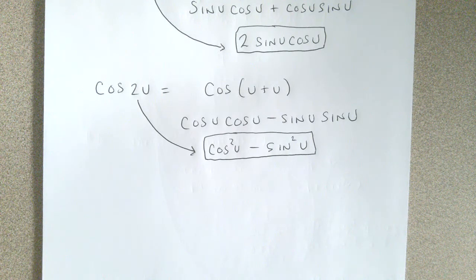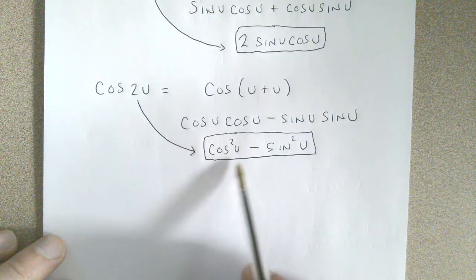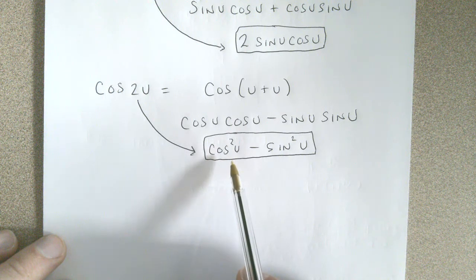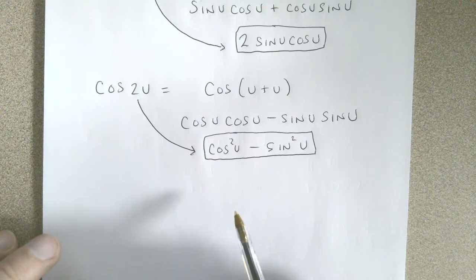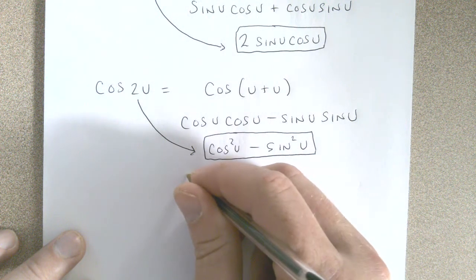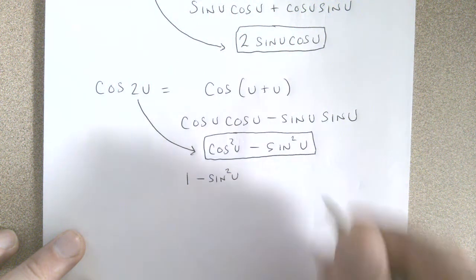Now, as we've talked about prior to this lesson, we know cosine squared u, what's another way to write cosine squared u using our Pythagorean identities? It's the same thing as 1 minus sine squared u.